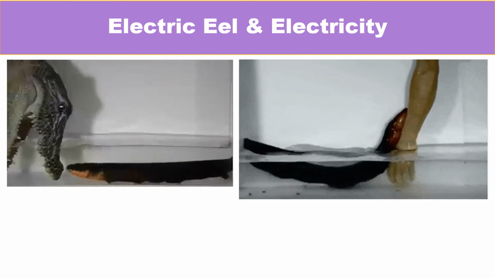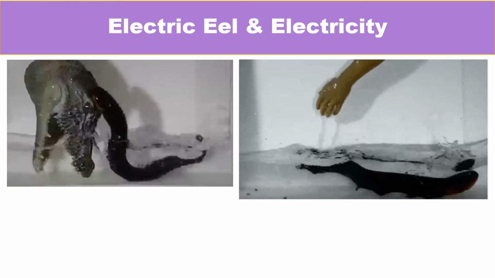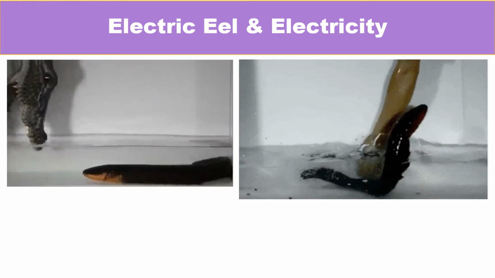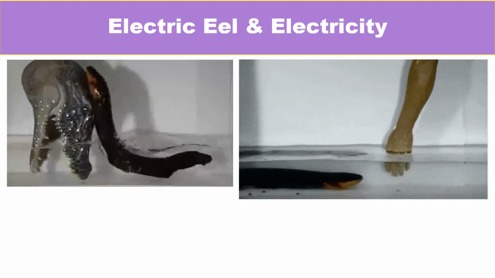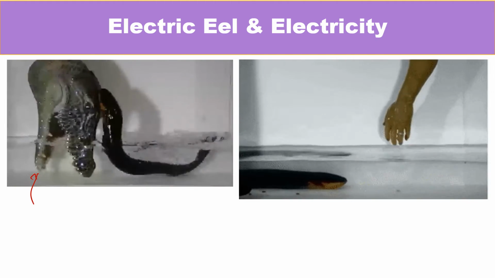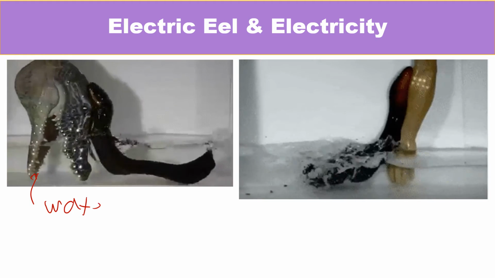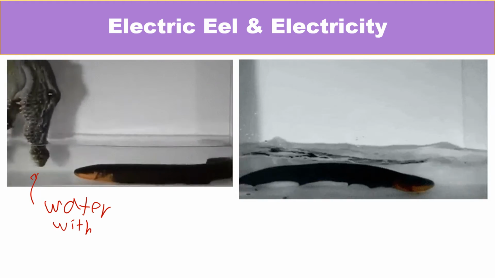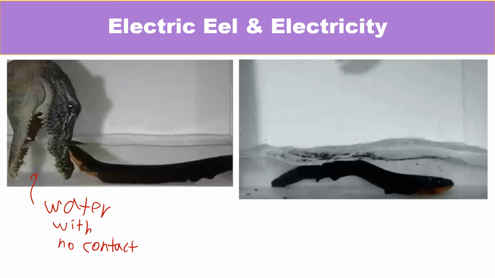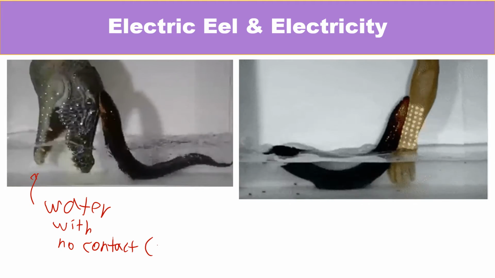I want you to look at how electricity is being detected in both of the gloves. I'm going to start with the alligator, just in the water with no contact. In this situation, there's no light.